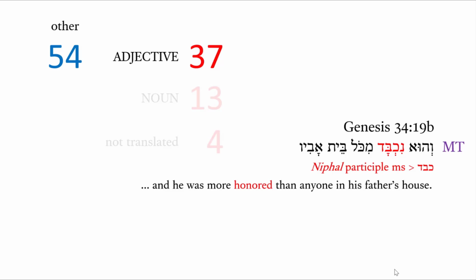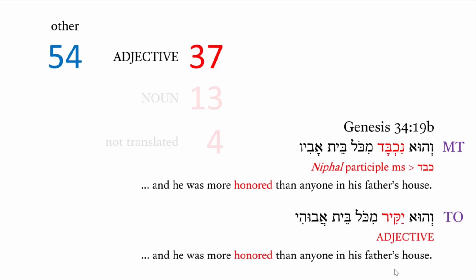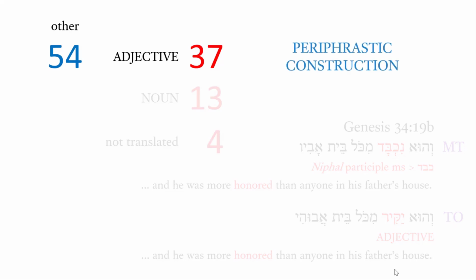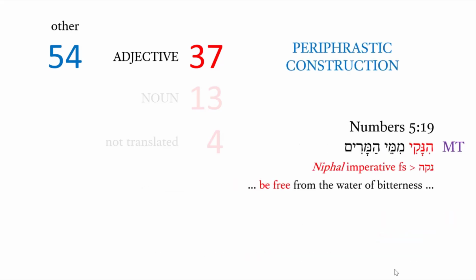So here we have in the Nifal, and he was more honored than anyone in his father's house. And he was more honored than anyone in his father's house is our literalistic translation of the Onkelos. Word for word, that adjective did exactly the job, it seems, of the Nifal participle. Great. And then there's a little subset that we can see among the adjectives used to translate Nifal of using a periphrastic construction.